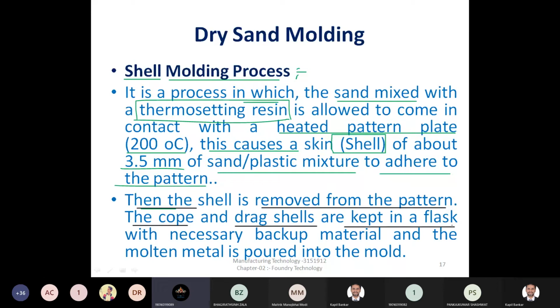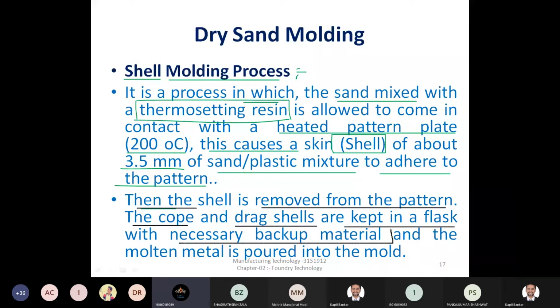Once both shells are created, assemble both and put them in the flask with the necessary backup material. What is the necessary backup material? That is sand.